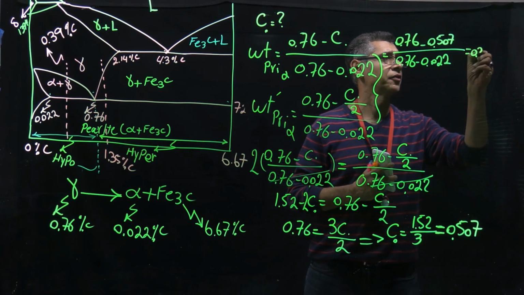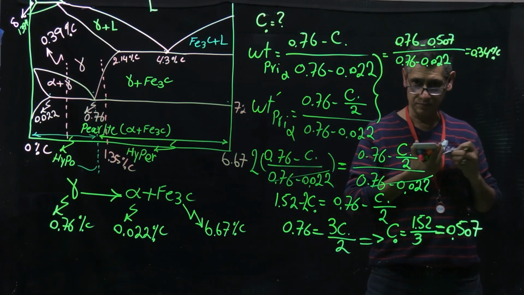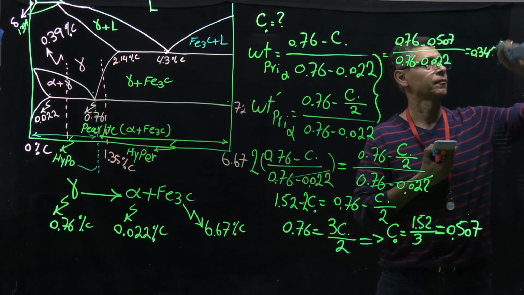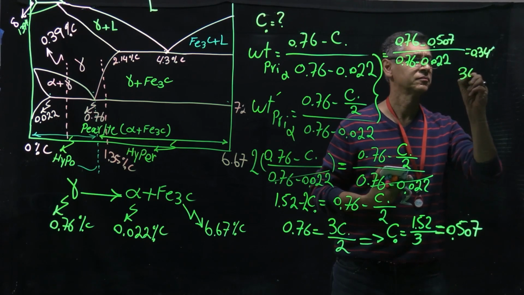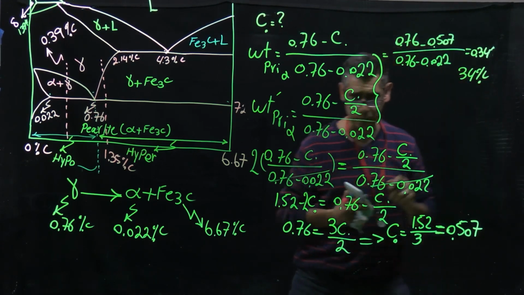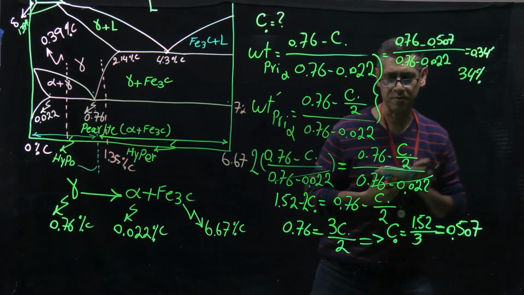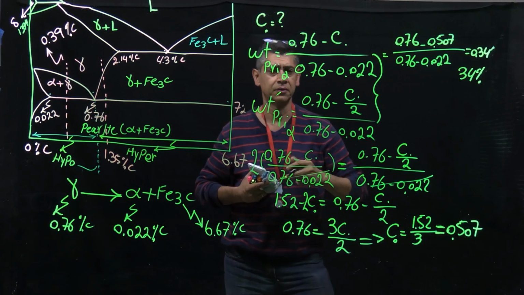It's about 34%. I have 34% primary ferrite.